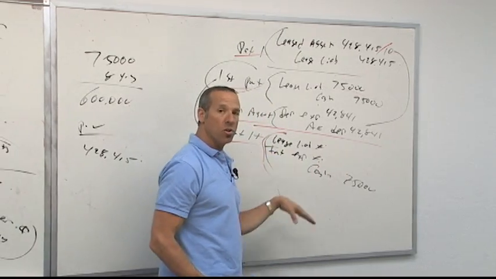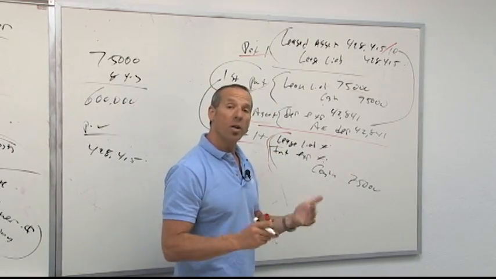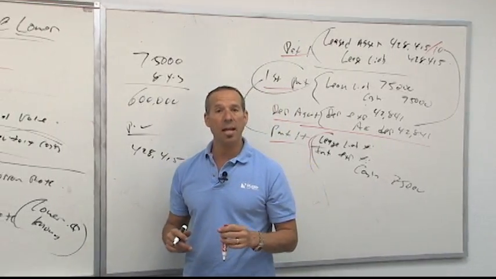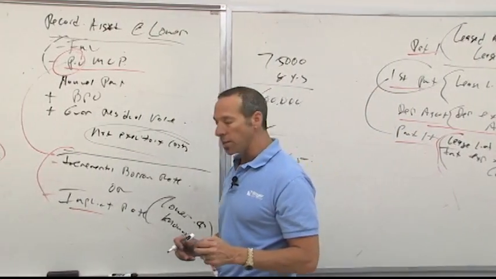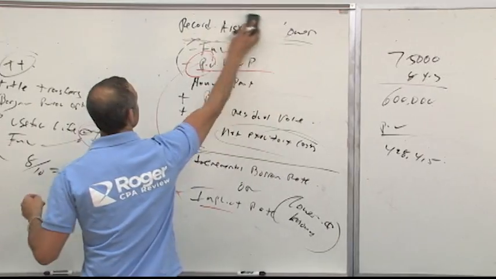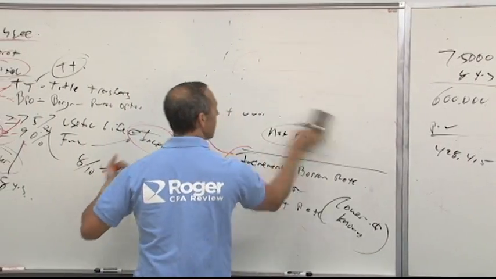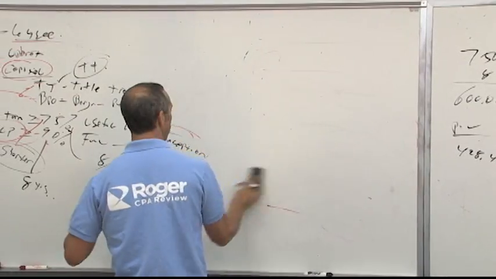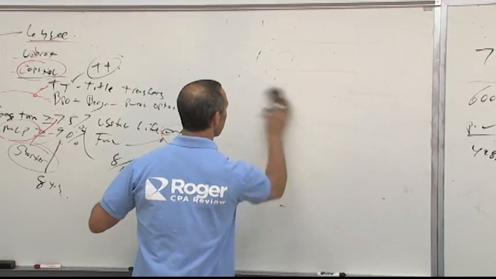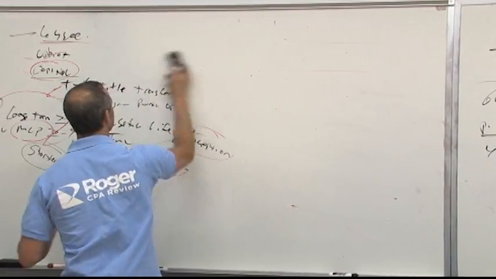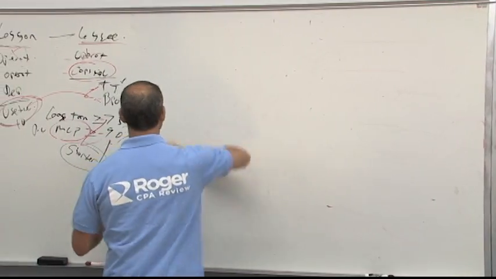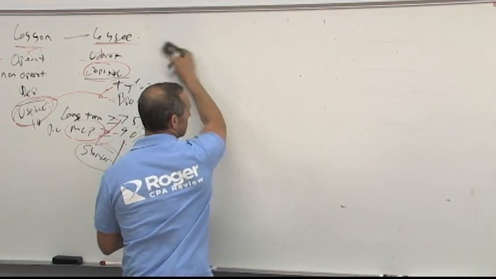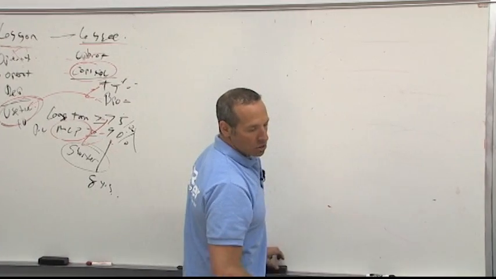What method are we going to use? The effective interest method. What is the effective interest method? The same method that we learned earlier in bonds. So what I need to do now is set up an effective interest table, like what we dealt with earlier in bonds. Now, you'll see this in the notes.